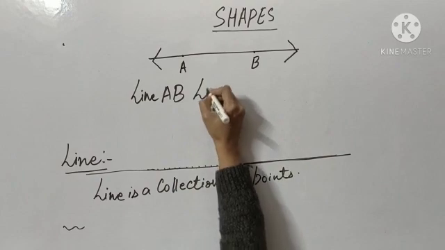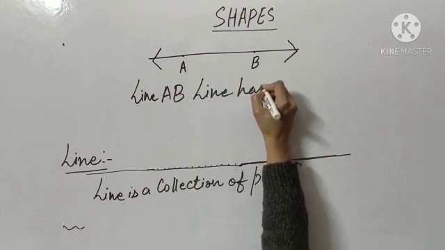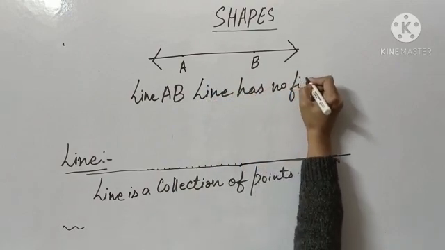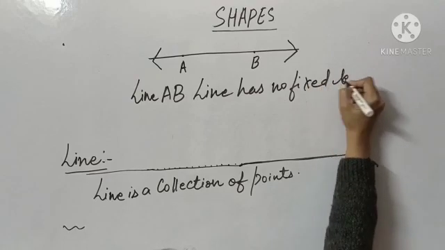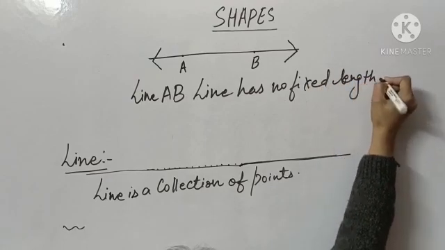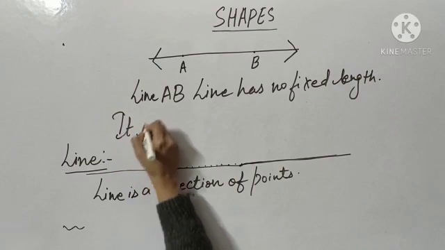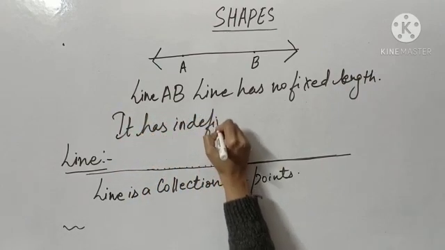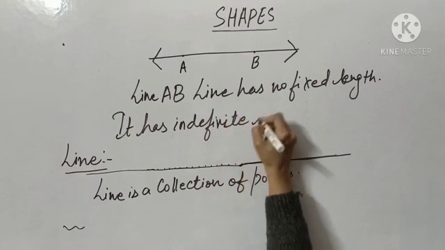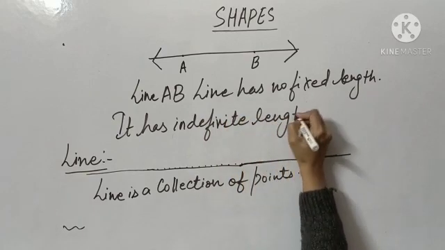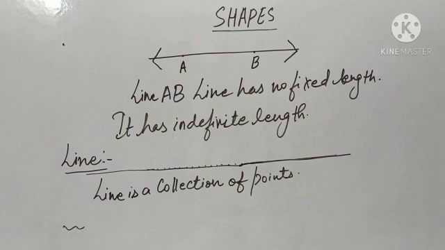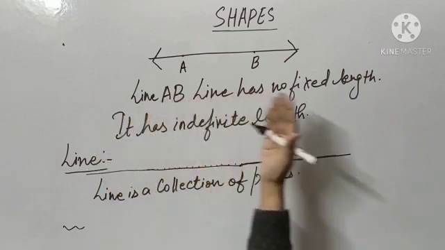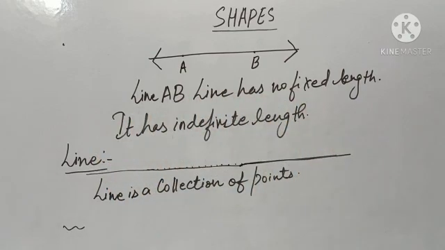Line has no fixed length. It has indefinite length. That is, it can be extended in both the directions and line has no end point. Fine? You understood what is a line?